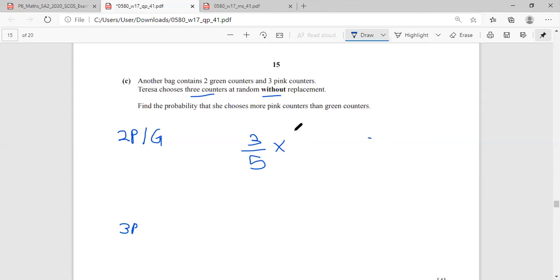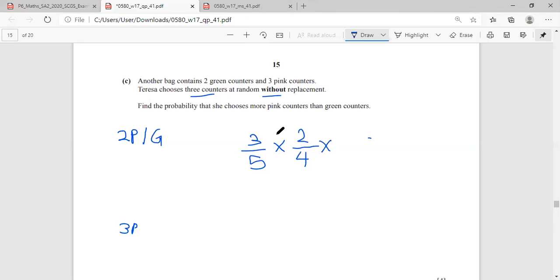But by the time you draw another pink color, the pink color has reduced by 1 because you didn't put it back. So the overall pink counters in the container has been reduced by 1. So it has become 2. The total number of counters in the container has already reduced by 1. So 5 becomes 4.